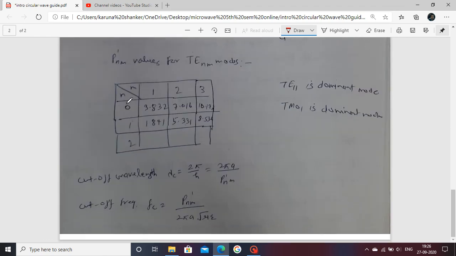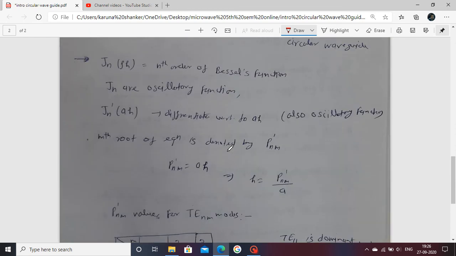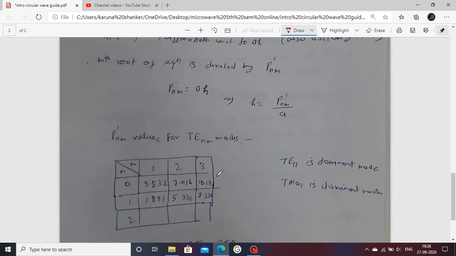Here n and m are integer values. From these values we calculate the p prime nm values of the TE nm modes. We only mention this here and do not go for the derivation, just the Bessel's function. Using the Bessel's function, the values are calculated and used for solving numerical problems, and the dominant mode is also described by the Bessel's function.